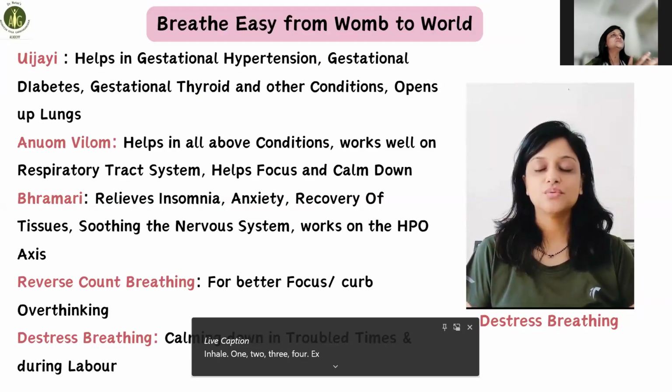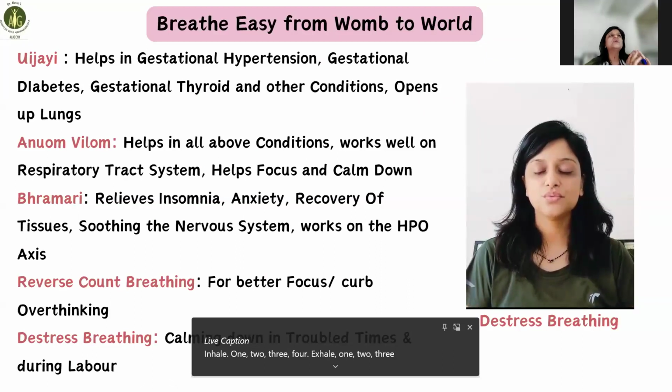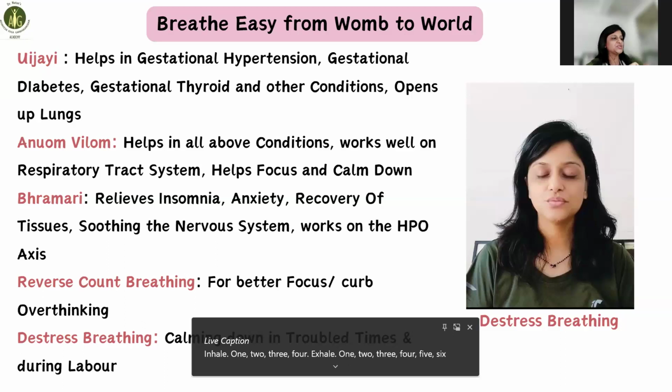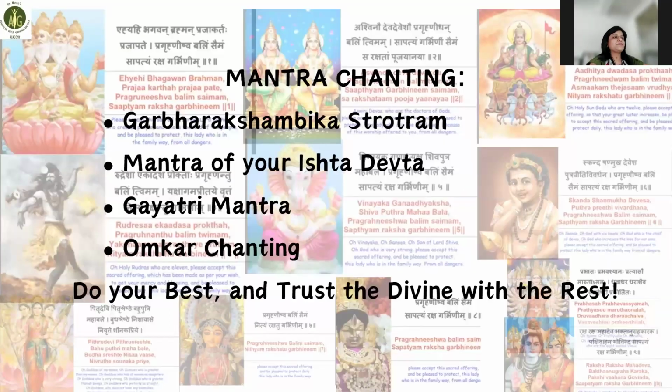If you are too nervous, too anxious, overthinking, you can't focus on anything, you can do reverse count breathing. There are others like Bhramari, Ujjayi, and Anulom, which you can do throughout the pregnancy.